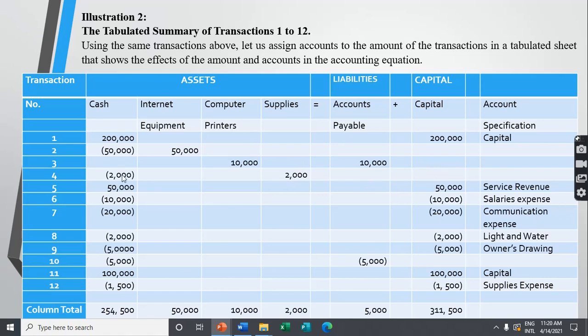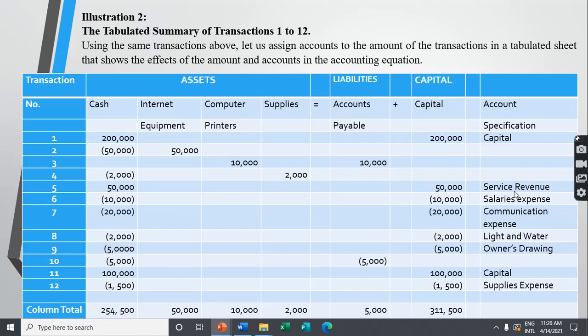Ngayon, mababawasan yung cash mo ng 2,000. Okay? Dito naman sa transaction number 5. So, ano yung transaction number 5 dito? Ayan, nakakollect ka from the customers, from the internet gamers and users ng 50,000. Ayan, nadagdagan yung cash mo, at the same time, madadagdagan din yung capital mo.